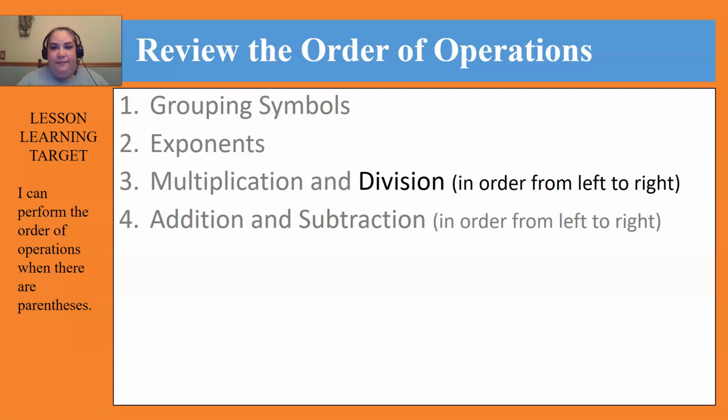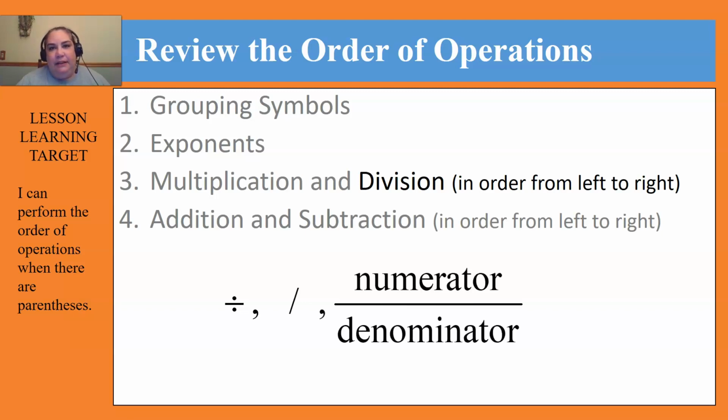Finally, there's division. We've got our old-fashioned division symbol, and we don't usually see that symbol very often. Usually we might see a slash, but typically when we're looking at division, we are looking at the fraction line. That fraction line actually means you're going to be dividing the numerator by the denominator.